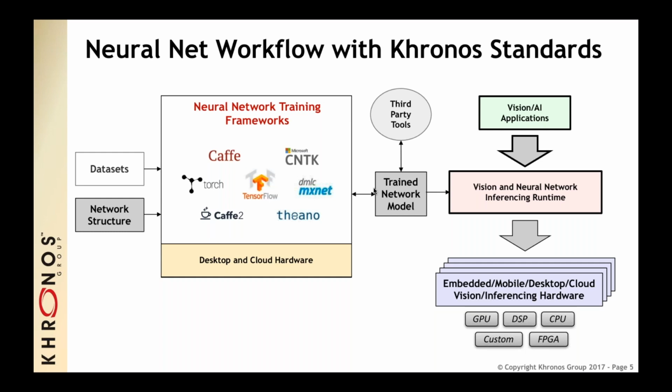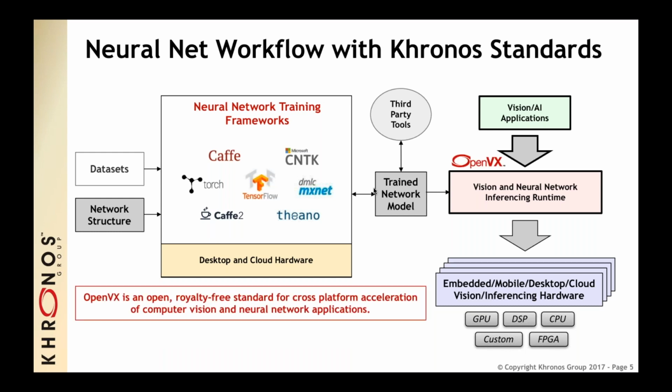Once you have the model ready, you want to be able to deploy that into a real system. Then you have to make a decision on what kind of hardware you put, what set of hardware vendors you're going to pick, and what kind of inference engine you're going to pick to take this trained network and build an application on top of. And this is one place where you see a lot of players.